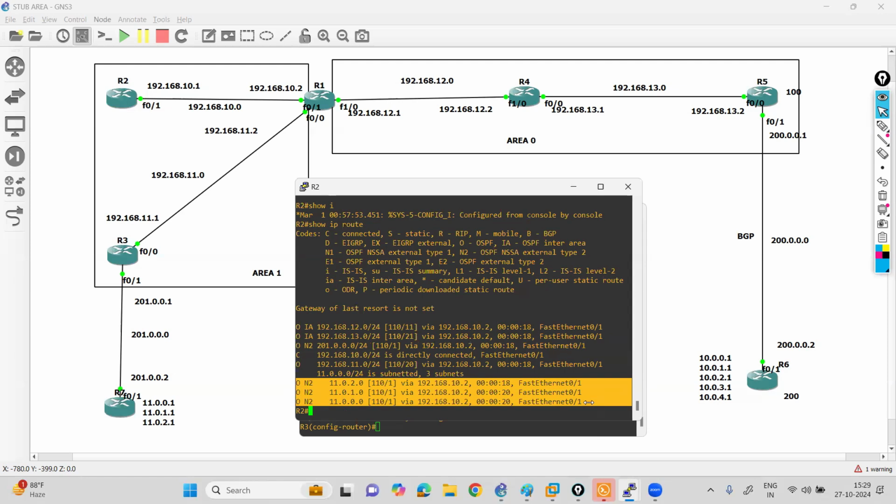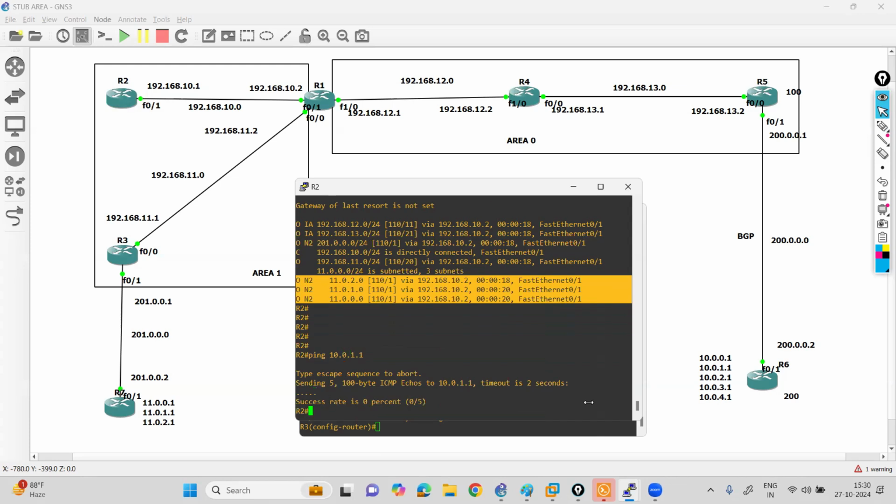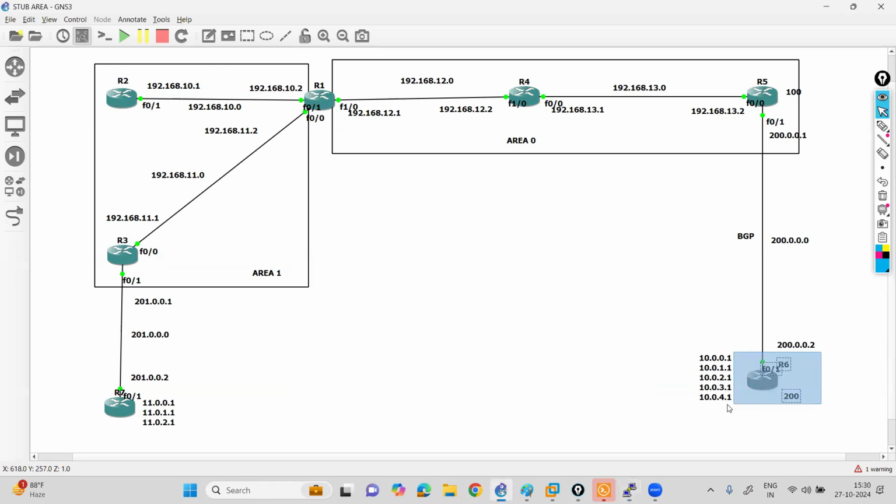Sir, here we don't have the information of router 6 in the router 2 table. Yeah, let's see if they can ping or not. If I try to ping 10.0.1.1, we are not able to ping this part now, right?